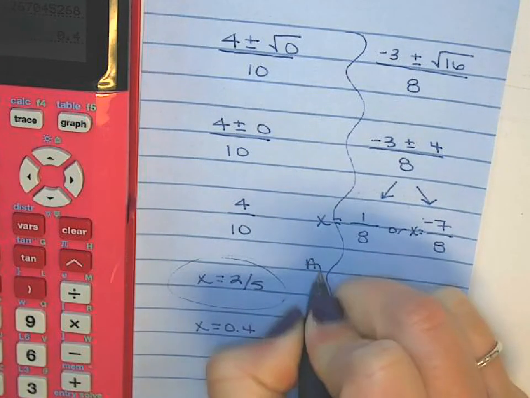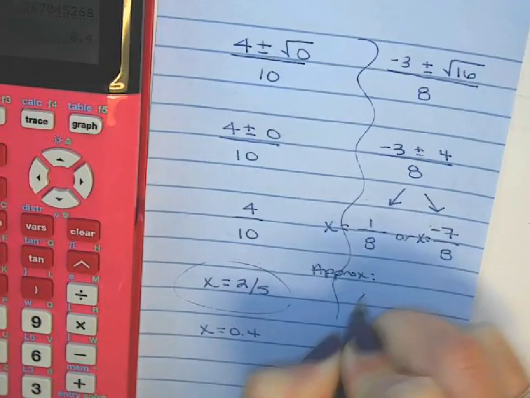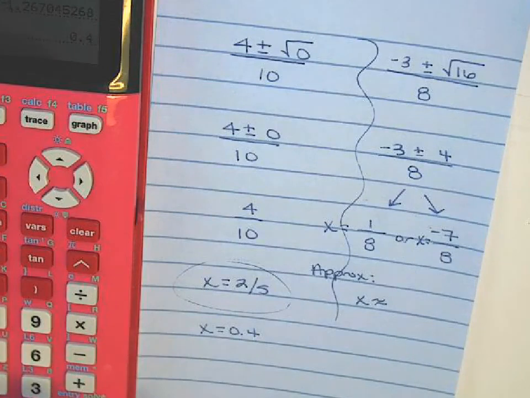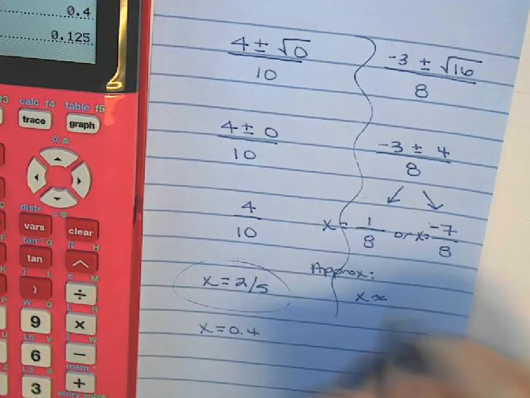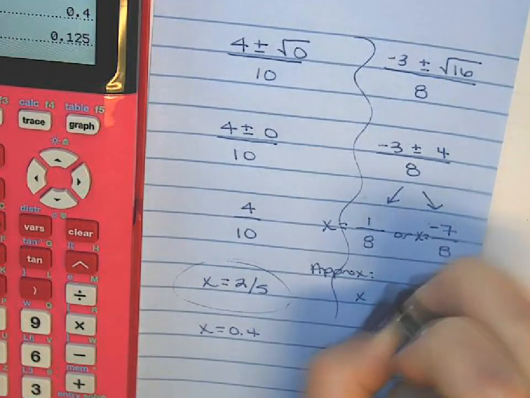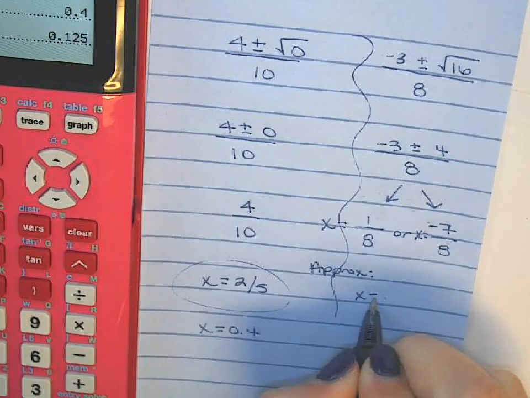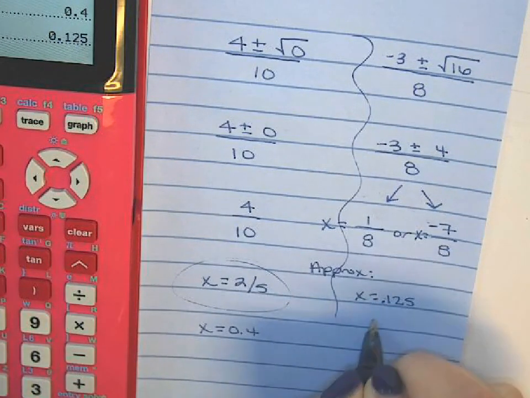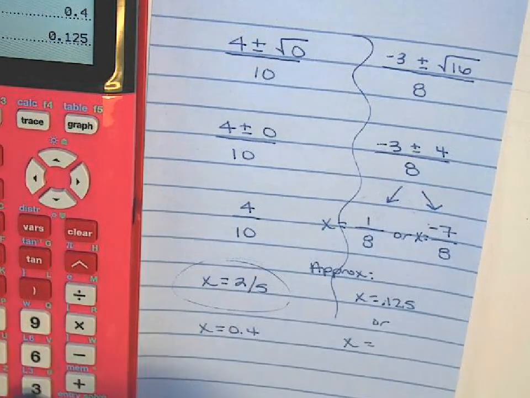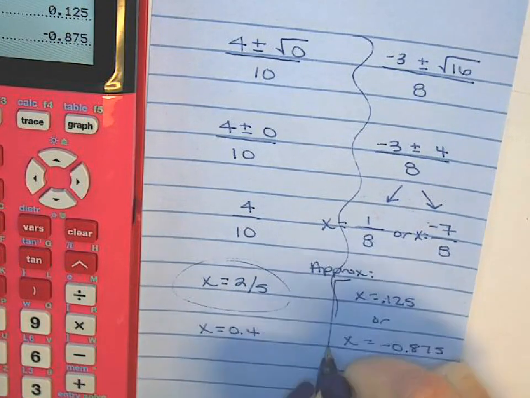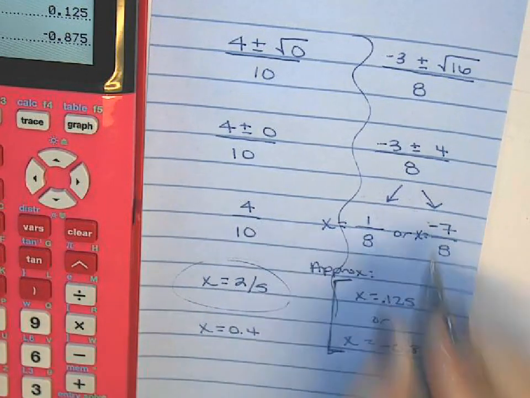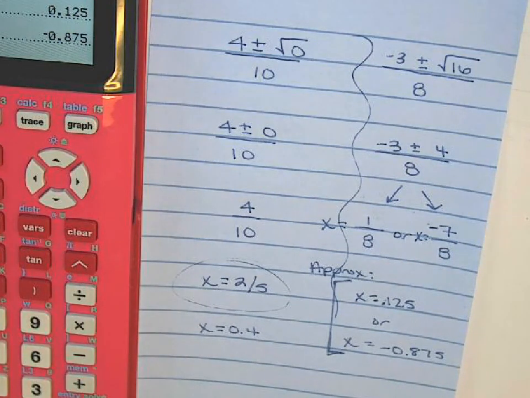Your approximate there then would be x is approximately, okay, go to your calculator, type in 1 divided by 8. Well, I guess it is exact. X equals 0.125, or x equals -7 divided by 8 is -0.875. So here are your two approximates, but your exact are written separately because you can find the rational root for them.